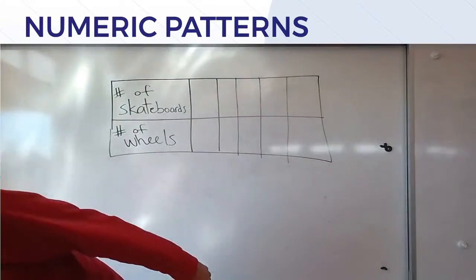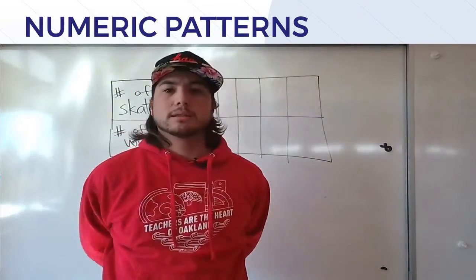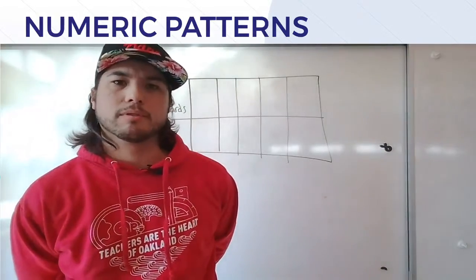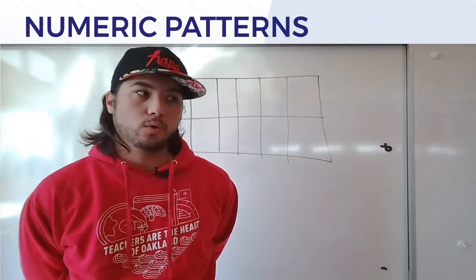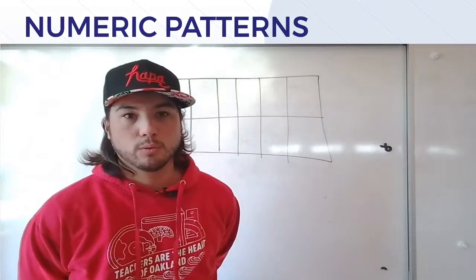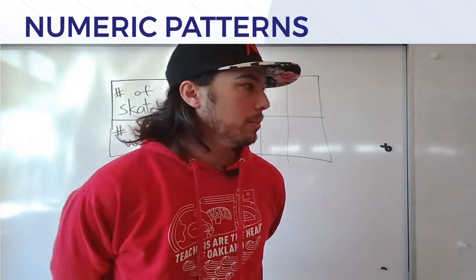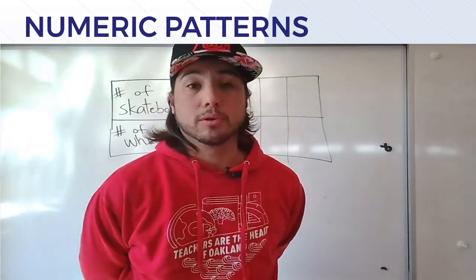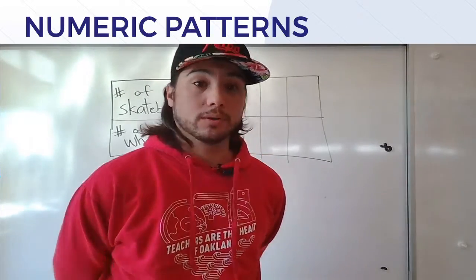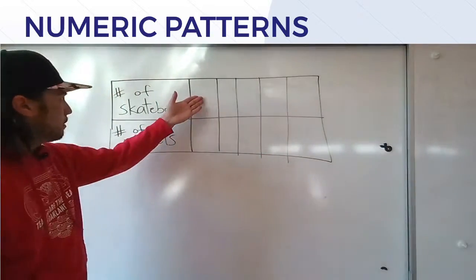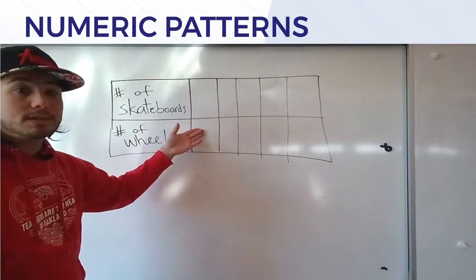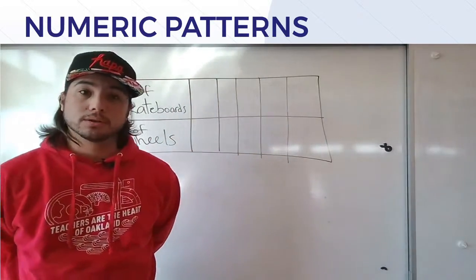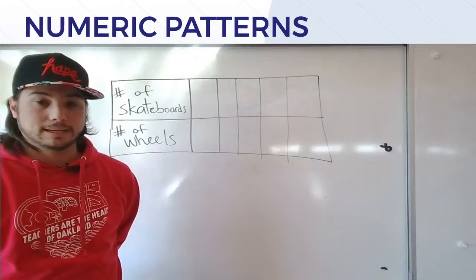You will see the occasional skateboard that has more or fewer than 4 wheels if it's a special thing. There are videos on YouTube of people riding a skateboard that had 24 wheels on it, which is kind of interesting. But almost all skateboards you're going to see have 4 wheels. So the number of skateboards on top is going to correspond with the number of wheels on the bottom. They're going to be connected.